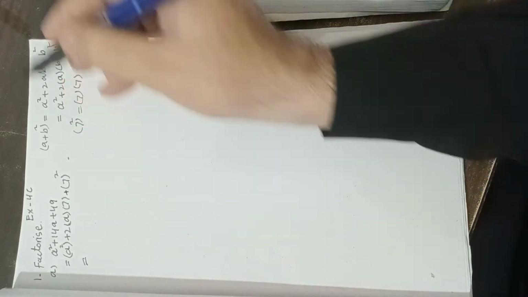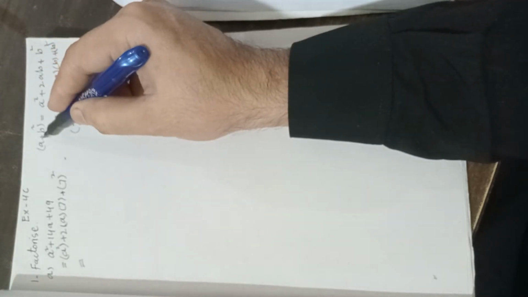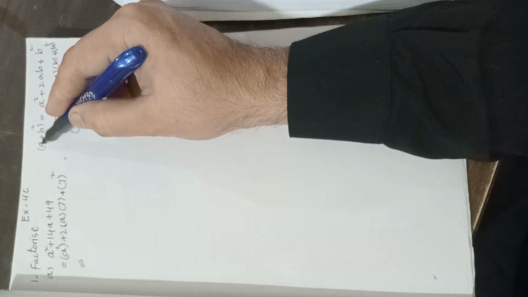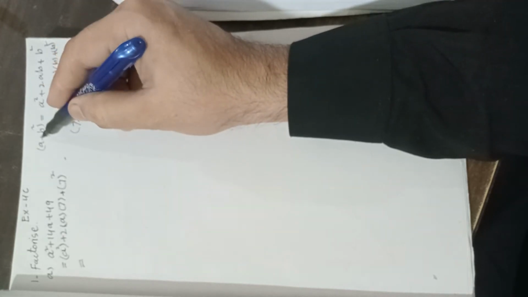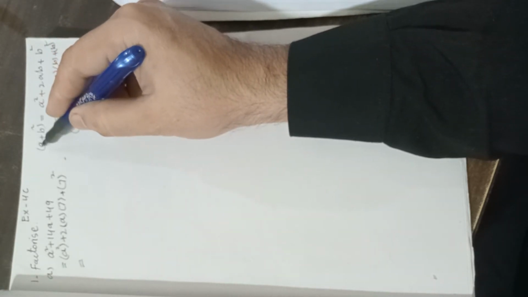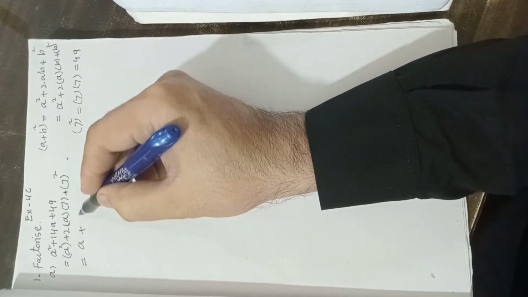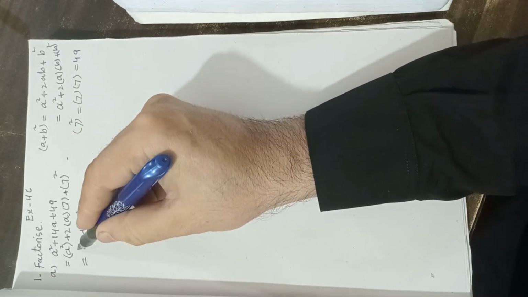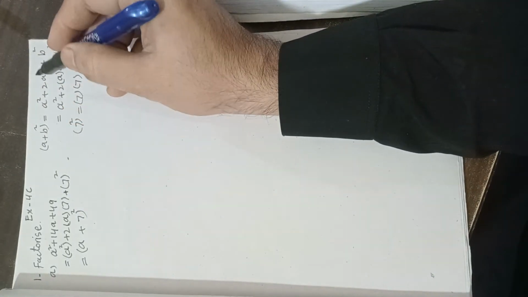Now you see that this whole expression is equal to (a plus b) whole square. It doesn't show 2ab in between, so we will take the square of the first term and the last term, just like (a plus b) whole square.